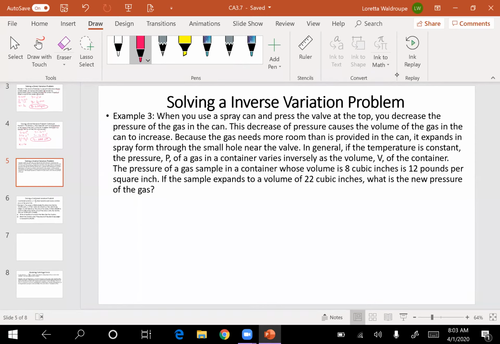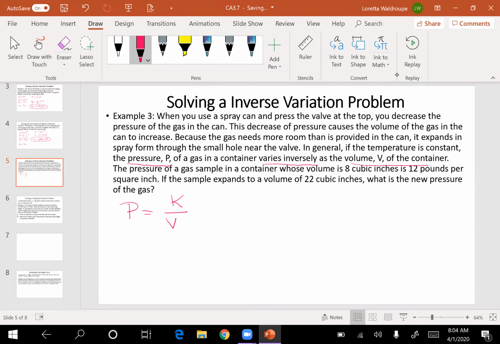That's just giving you information about what's happening, but it really hasn't told us anything about how it varies yet. In general, if the temperature is constant, the pressure of gas in a container varies inversely as the volume of the container. So the pressure varies inversely as the volume.